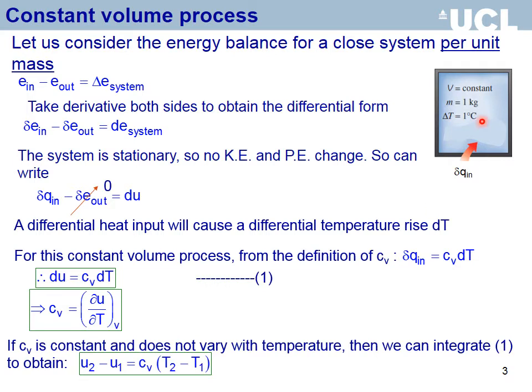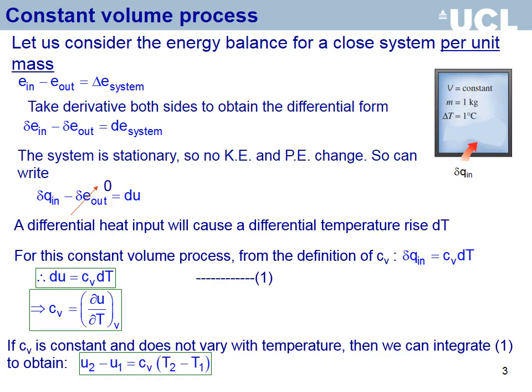If my system were to undergo a process from state 1 to 2, and if in that process my CV happens not to vary too much, or remains constant, this can happen, for instance, in a situation where the temperature change is not much, then I can write U2 minus U1 by integration is equal to CV times T2 minus T1. This follows directly from equation 1 by integration, in a situation where CV is constant.